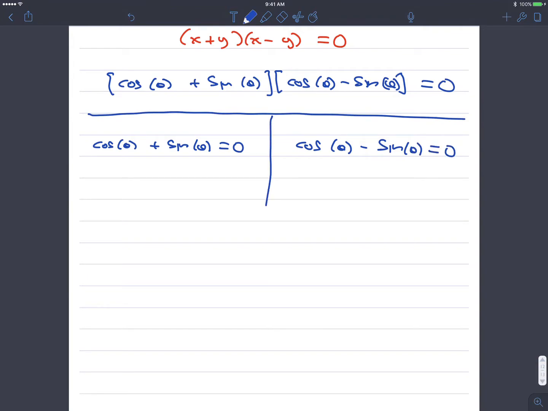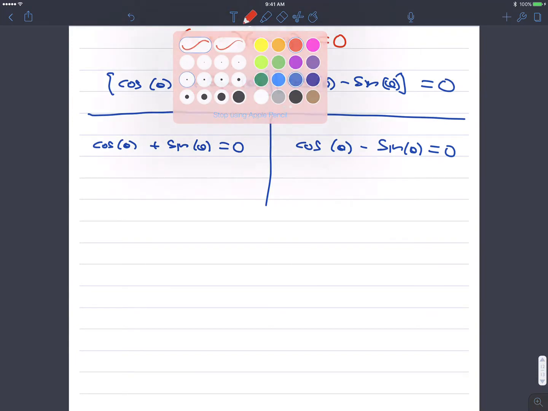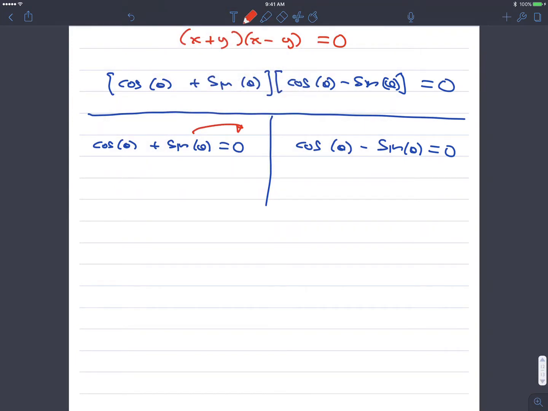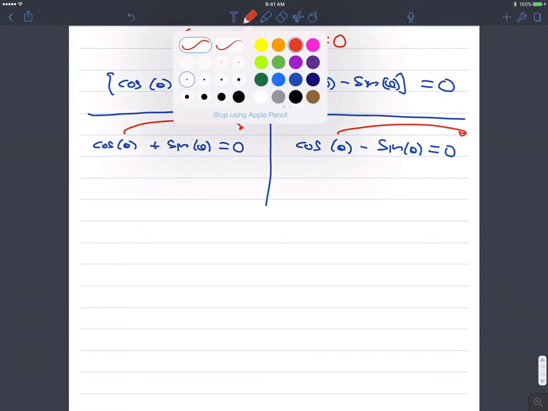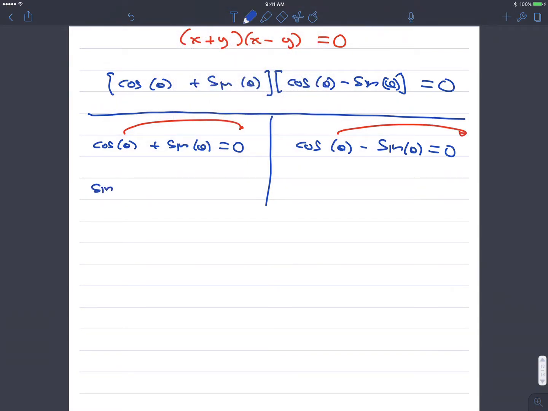Anybody know where I'm going with this? Translate my terms. Keep your sign there. Translate cosine here, translate cosine here. This gives you sine theta is minus cosine theta.